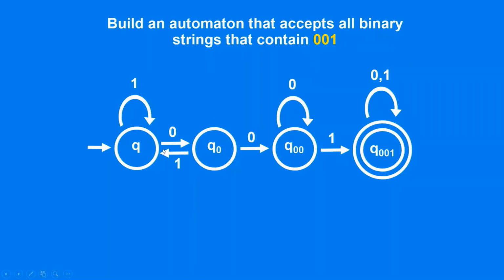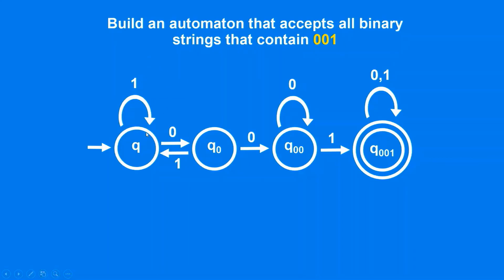That's why whenever you see a first 0, you are in this state. In all other cases, if you are reading 1, you go this way or this way, and you will be in the first initial state. Initial state means you are scanning only the symbol 1, however many times it may be.